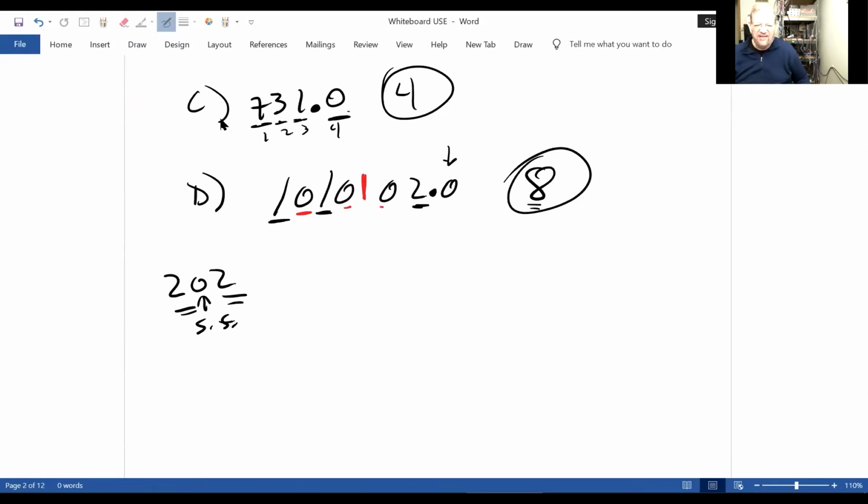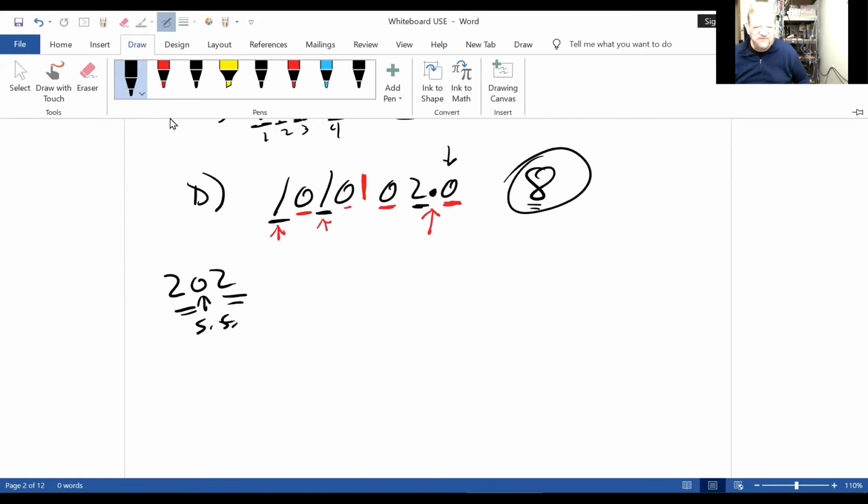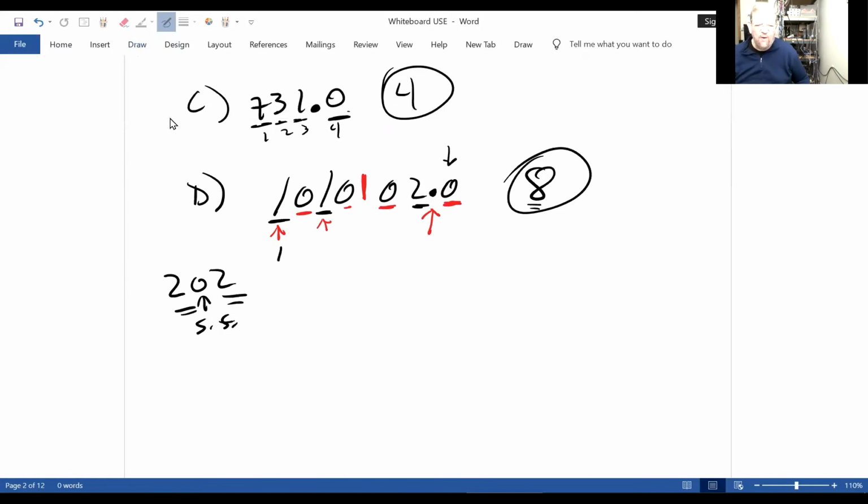This 0 and this 0 are significant because they're confined between 2 non-zero numbers. Now we have this 0, and notice we have an explicitly shown decimal point. Therefore, it also is significant. If you haven't figured out, Dr. White's favorite color is red. 1, 2, 3, 4. This was there. 5, 6, 7, and 8. And that's how you got it.